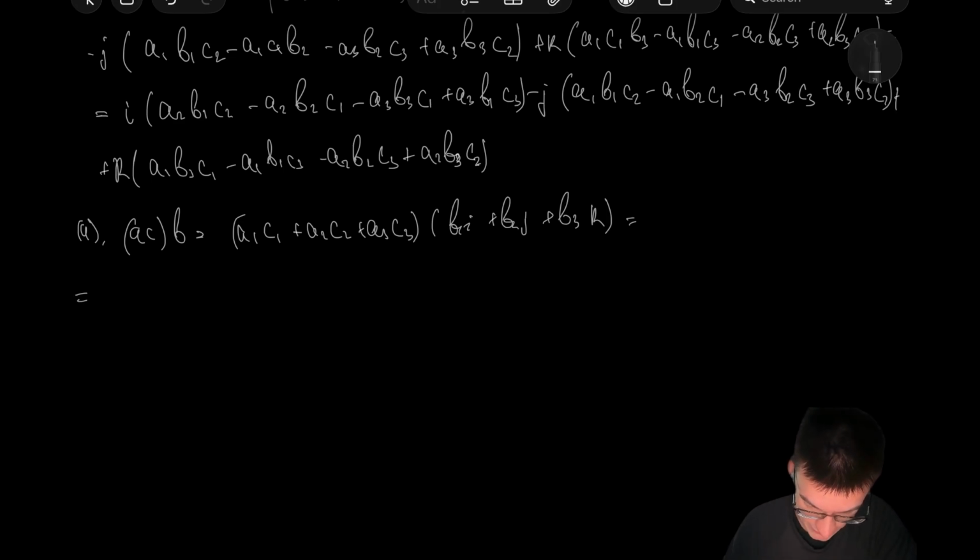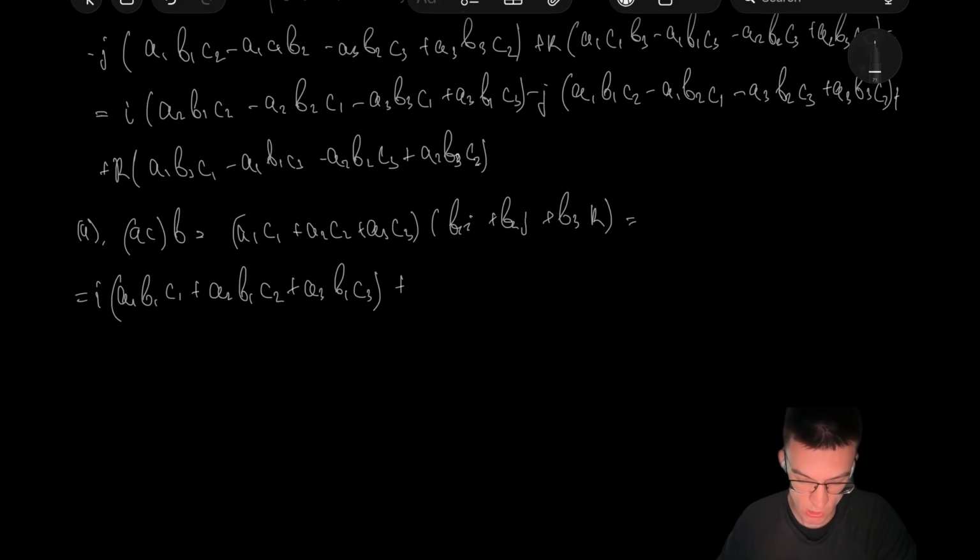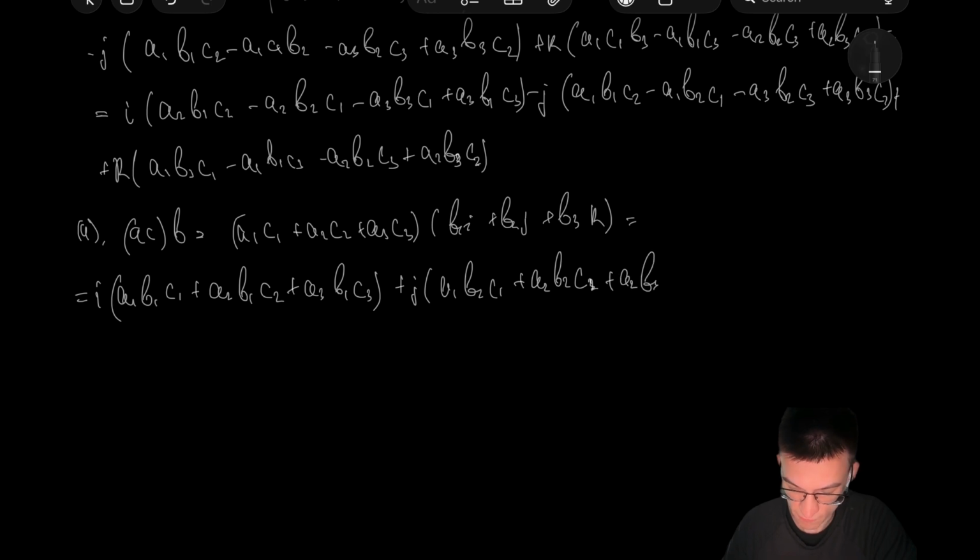So this is (A1 B1 C1 plus A2 B1 C2 plus A3 B1 C3) i, and then plus j (A1 B2 C1 plus A2 B2 C2 plus A3 B2 C3), and this is j, plus k (A3 B1 C3 plus A3 B2 C3 plus A3 B3 C3).